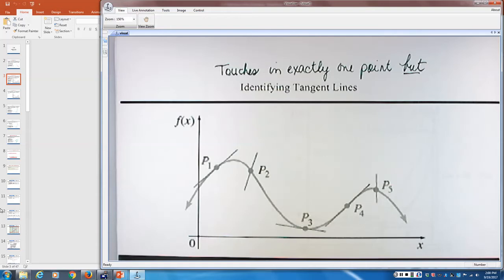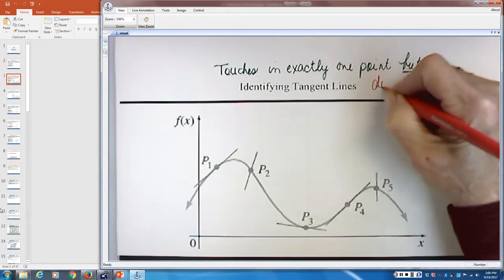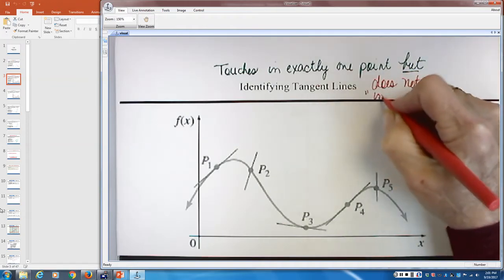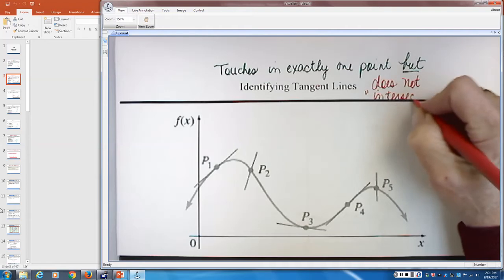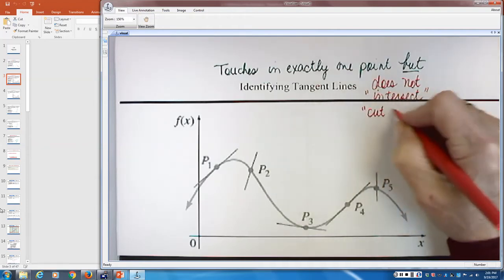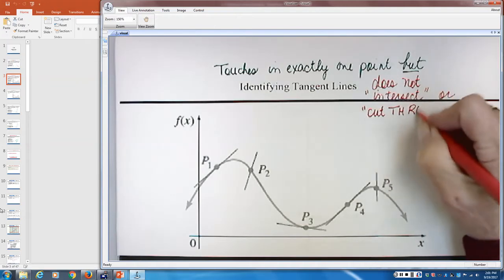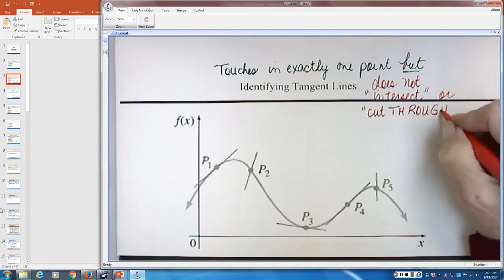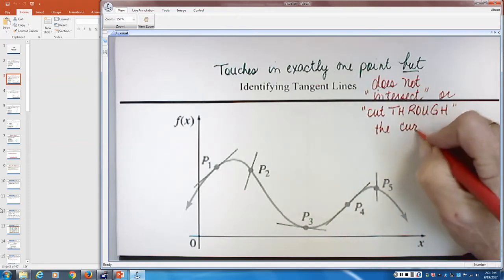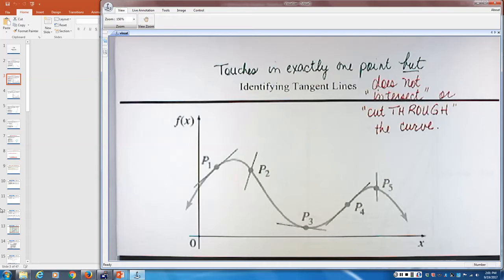But, this is an important but. It touches in exactly one point, but it does not intersect or cut through.